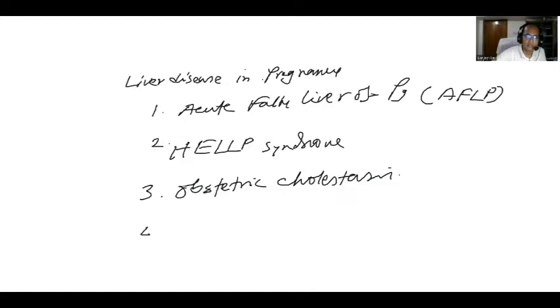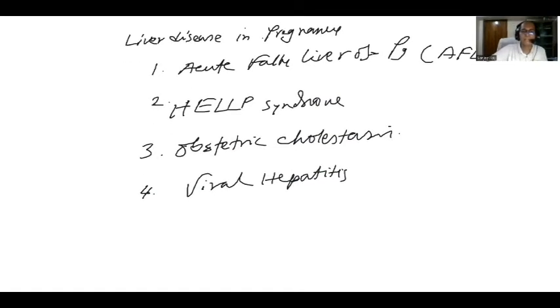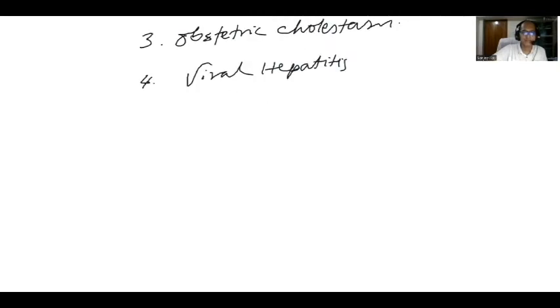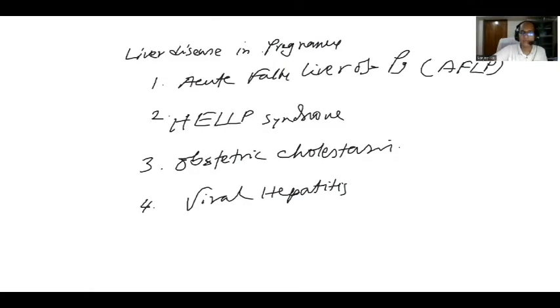And number 4, viral hepatitis. In short, we will talk on these 4 points. At first, the acute fatty liver of pregnancy.